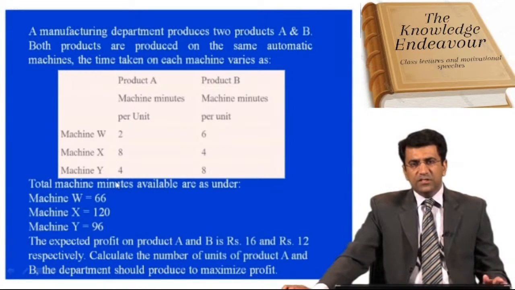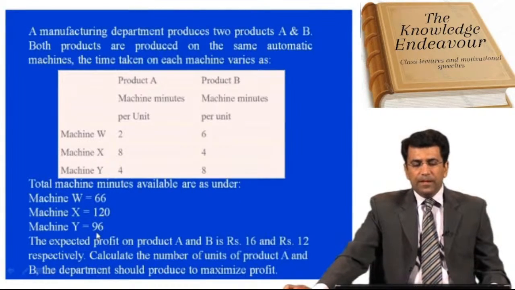So through these stages of production, both products will have to pass through these machines, and of course there will be a particular time which will have to be spent for the particular product on these machines. The total machine minutes available are: machine W 66 minutes, machine X 120 minutes, machine Y 96 minutes.